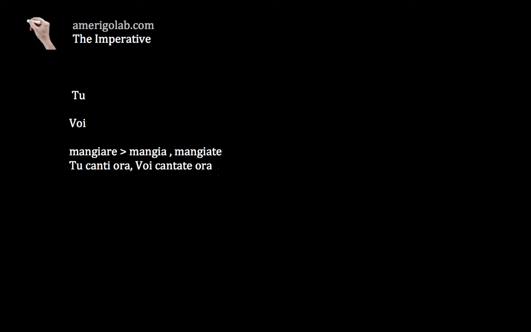Now, let's see what happens with verbs ending in ere. Let me take leggere. So you drop ere, and for the tu form you add i. So it will be leggi.